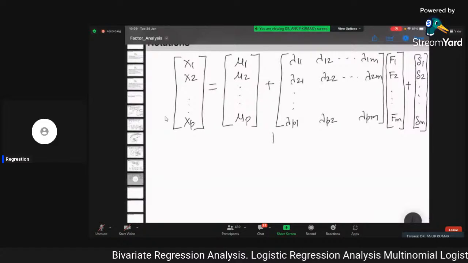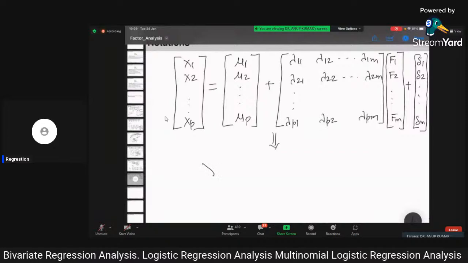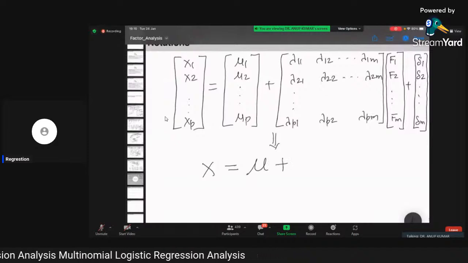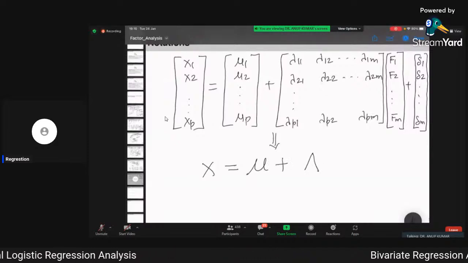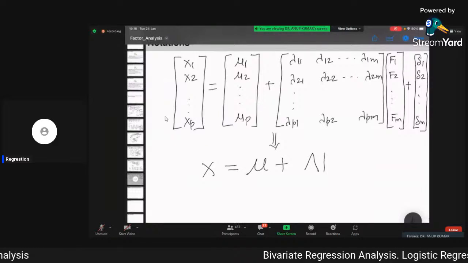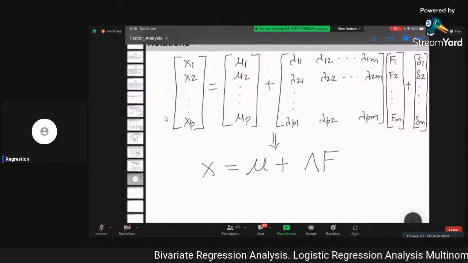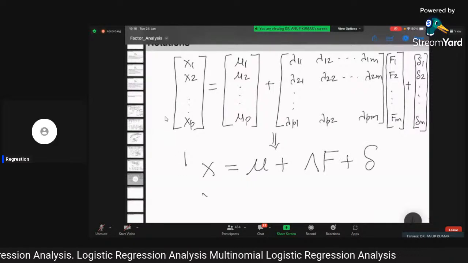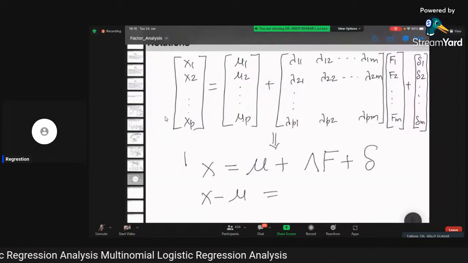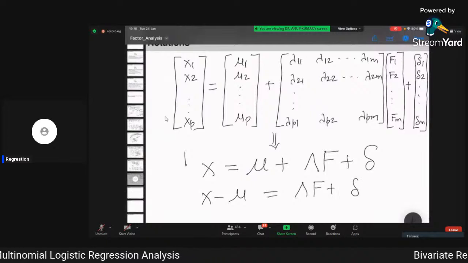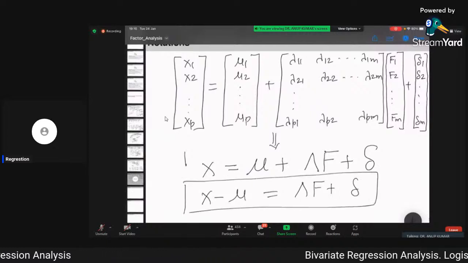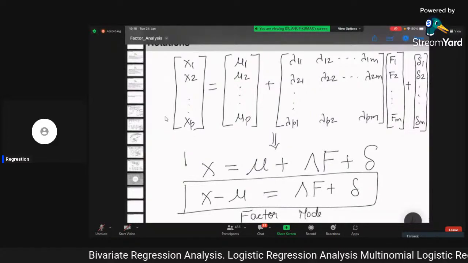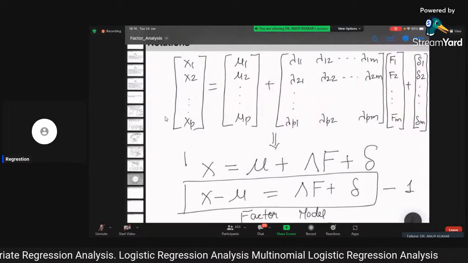To further summarize, this is written as x equals the mean vector mu plus the factor loading matrix lambda times the latent variable factors, so this can be written as x minus mu equals lambda F plus delta. Now this is termed as the factor model.